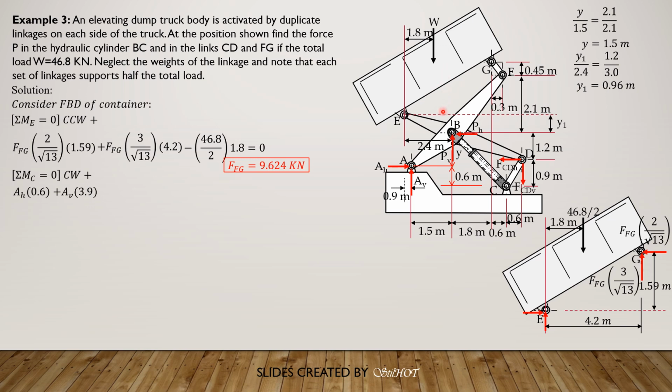Then we have the weight, which is counterclockwise, so minus 46.8 over 2 times the distance, 2.4 minus 1.8 is 0.6, plus 1.8, 2.4, plus 0.6, 3. So the moment arm of the weight is 3, W over 2, equals 0. Simplifying, 0.6 AH plus 3.9 AV equals 70.2. Call that equation 1.